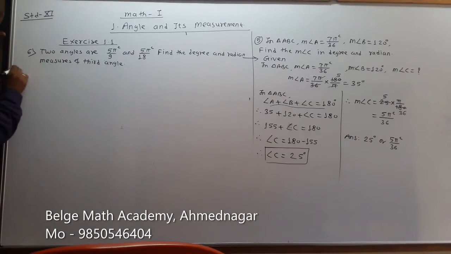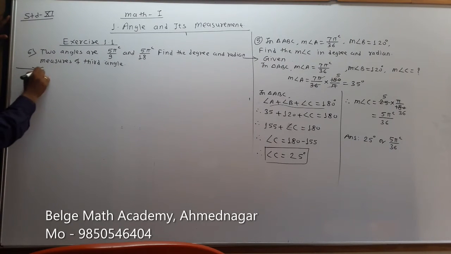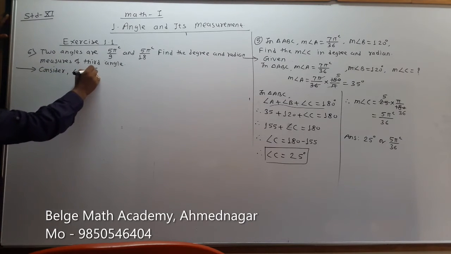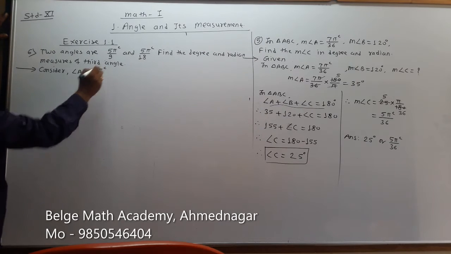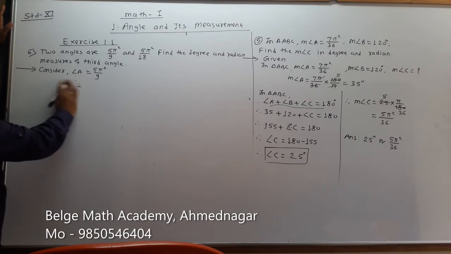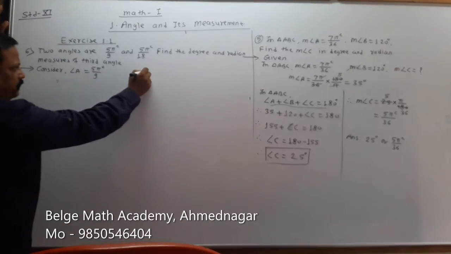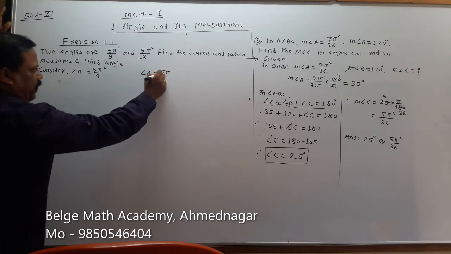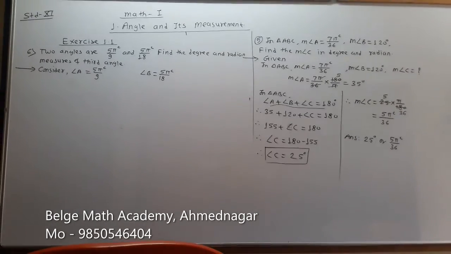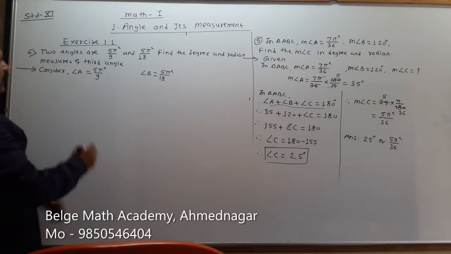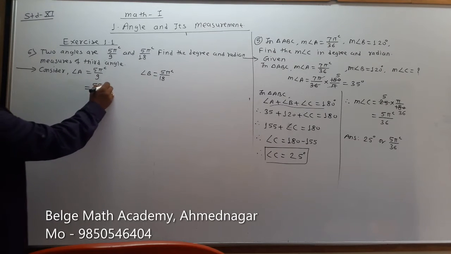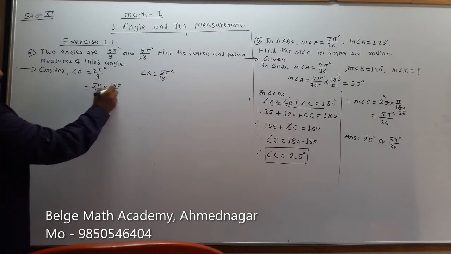Maybe solving this, consider angle A is 5 pi upon 9 and angle B is 5 pi upon 18, both radian measurements. These radian measurements are converted into degrees, multiplied by 180 upon pi.